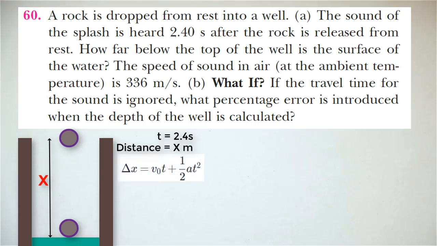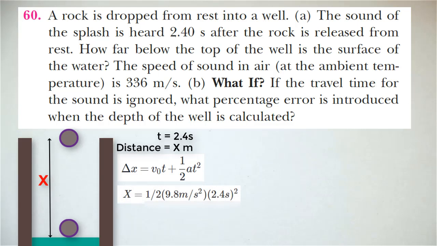Delta x is equal to initial velocity times time plus 1/2 acceleration multiplied by the square of time. We can now start substituting into our equation, starting with x being the distance that the rock travels.